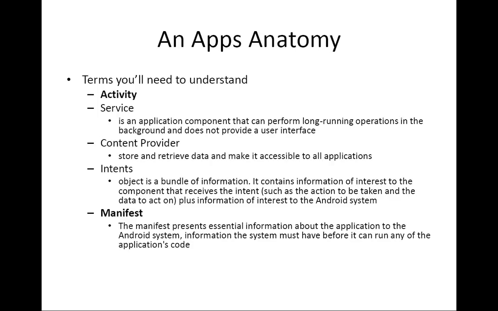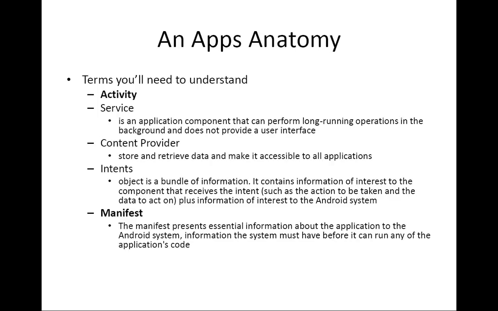We have not looked at the manifest, which is essentially a collection of a lot of information about the Android application for the Android system, and it does everything. The name of the Java package for the application is defined here.